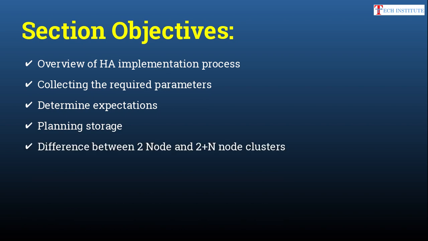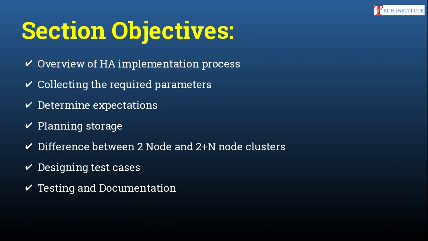Then you will see the difference between 2 node and 2 plus n node clusters, and then we will be designing the test cases, and at the end we will be doing the testing and documentation. So a total of 7 parts are there in this tutorial series, and I will be covering each part in one new video to make it smaller.